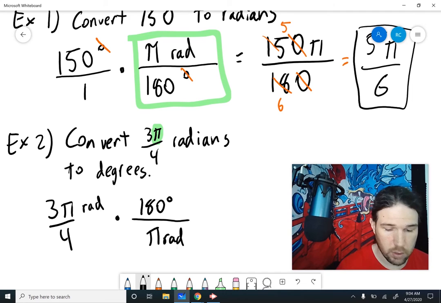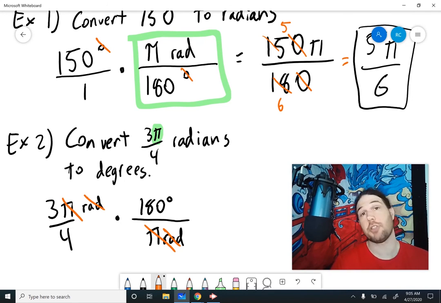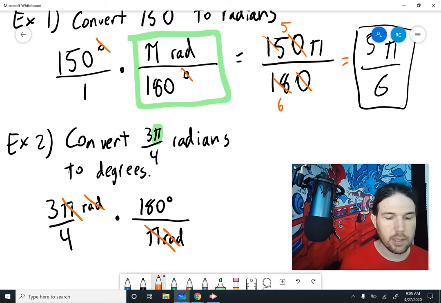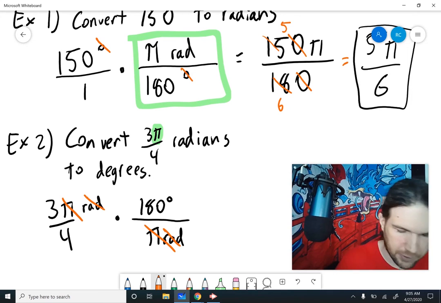Because now the radians on the top and the radians on the bottom cancel, and we are left with degrees. Okay? And hey, look, conveniently enough, the pi also cancels, just like I said it probably would. So the pi goes away, and we're left with 3 times 180 divided by 4. Well, I happen to know that 180 divided by 4 is 45, times 3 is 135 degrees.